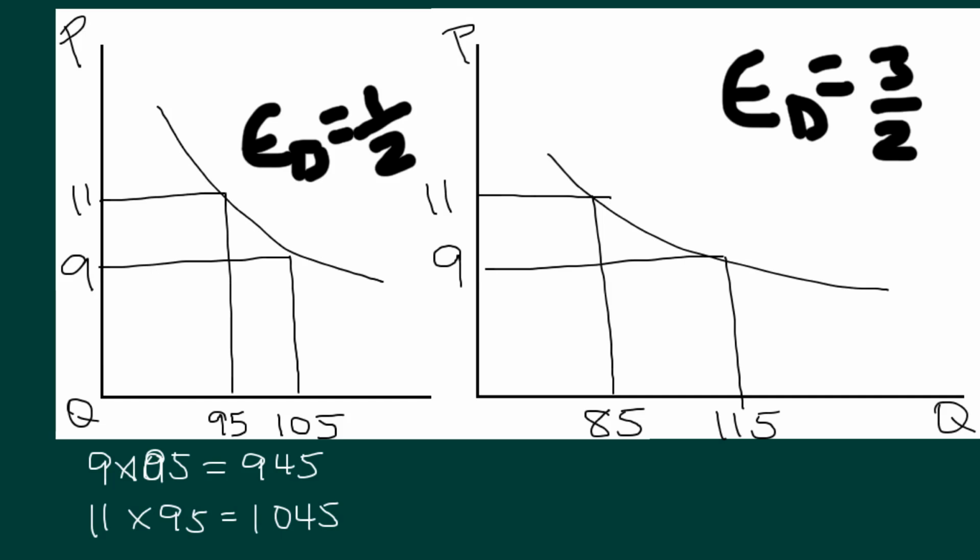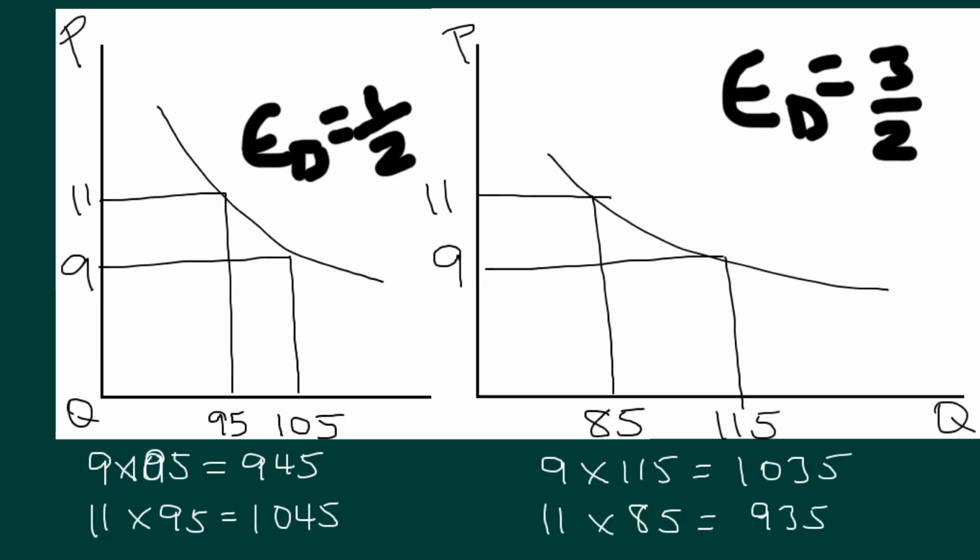All right, let's do the right-hand side. Again, starting at $9, which is associated with 115, we are going to get a revenue of price times quantity, 1,035. If we raise our price to $11, we will now sell 85 units, and that is a revenue of $935.